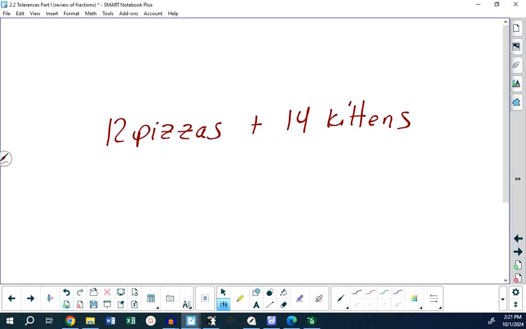And I say, add this stuff together. You can't add it together in any sensible way. Could you say that you have 26 things? Well, yeah, but that doesn't really tell you anything. And the reason why you cannot add these together is these are different things. Pizzas are different than kittens, right?